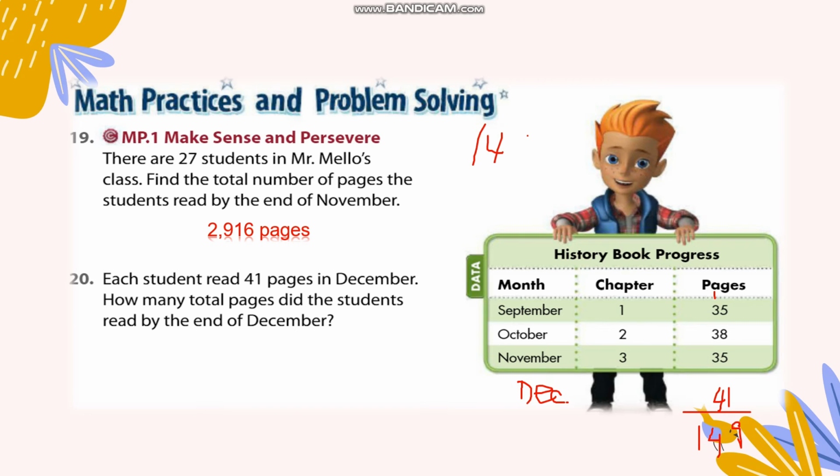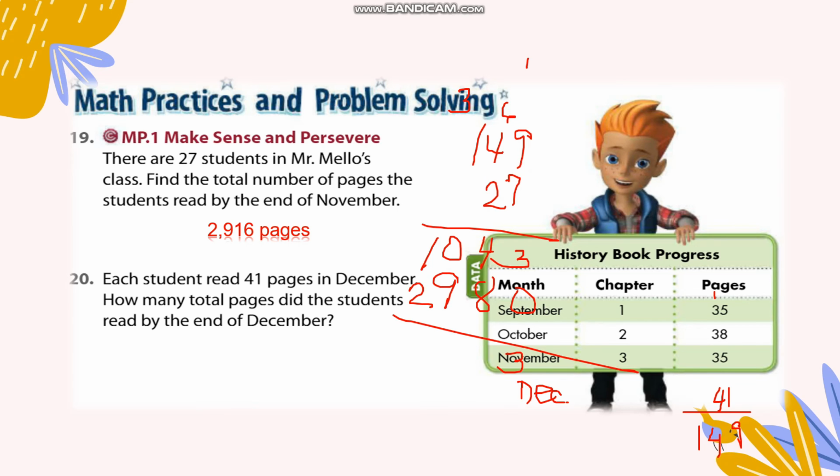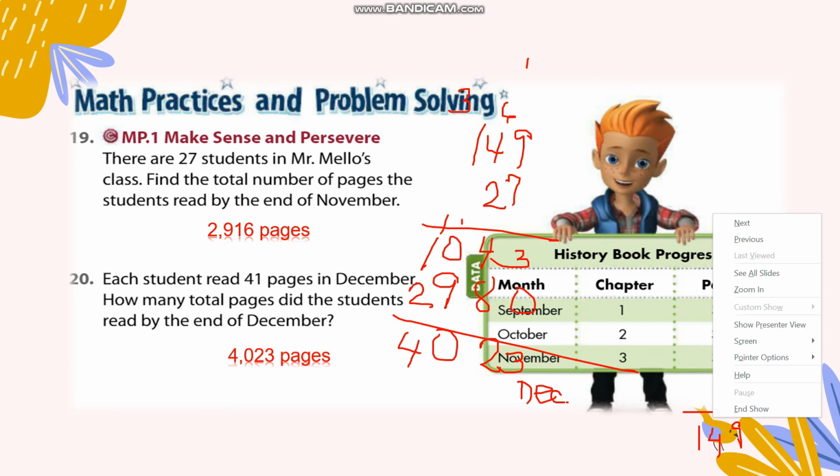Then if there are 27 students, I'll just multiply 9 by 7 is 63, regroup 6, 7 times 4 is 28 plus 6 is 34, regroup 3, 7 times 1 is 7 plus 3 is 10, then add 0. 2 times 9 is 18, regroup 1. 2 times 4 is 8 plus 1 is 9. 2 times 1 is 2. Then this is 3, 12, regroup 1. This is 10, regroup 1. So the answer is 4,023 pages.